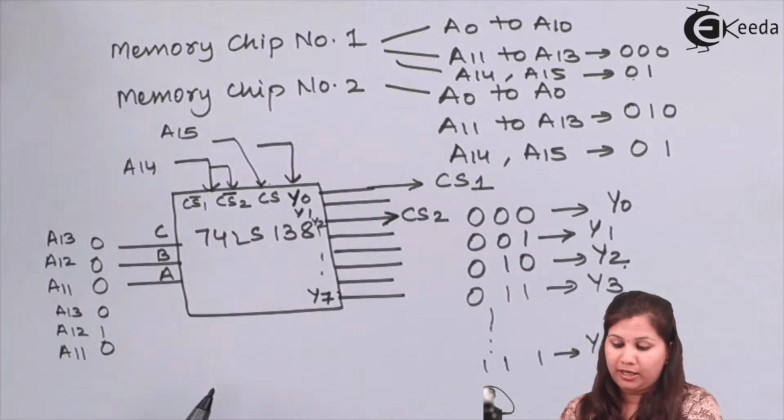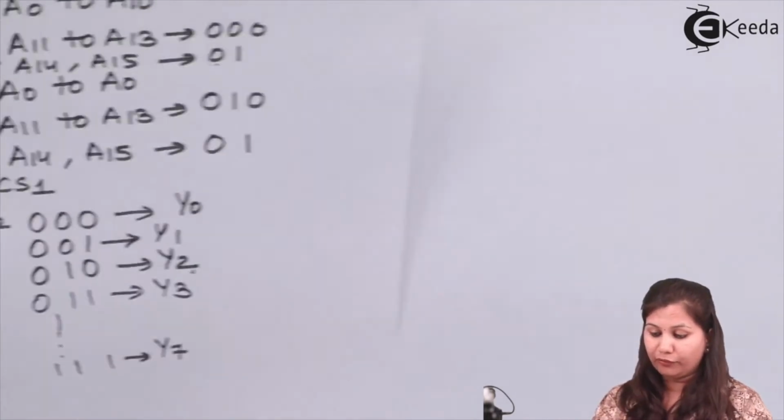Okay. Now let us draw the circuit for this interfacing, showing how the 8085 microprocessor is interfaced with the two memory chips along with this 74LS138 decoder.